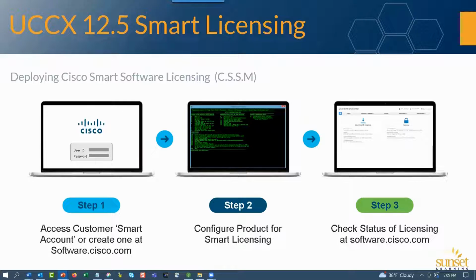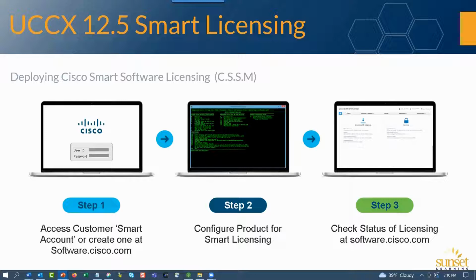Thanks for the question. As I mentioned, I do want to do just a little dogleg with respect to this so-called smart licensing, which requires that you create access to a smart account on cisco.com, which provides you with the process for regular updates of your configuration to be compared against that license.